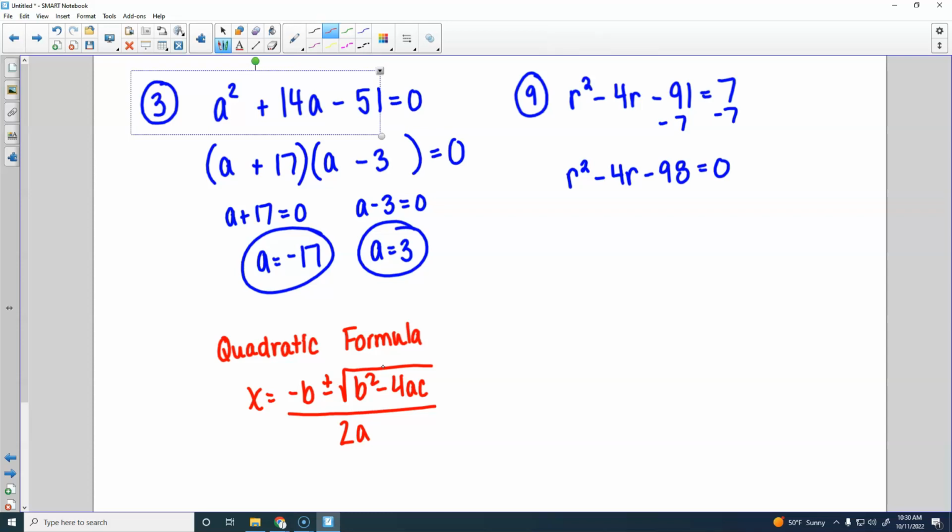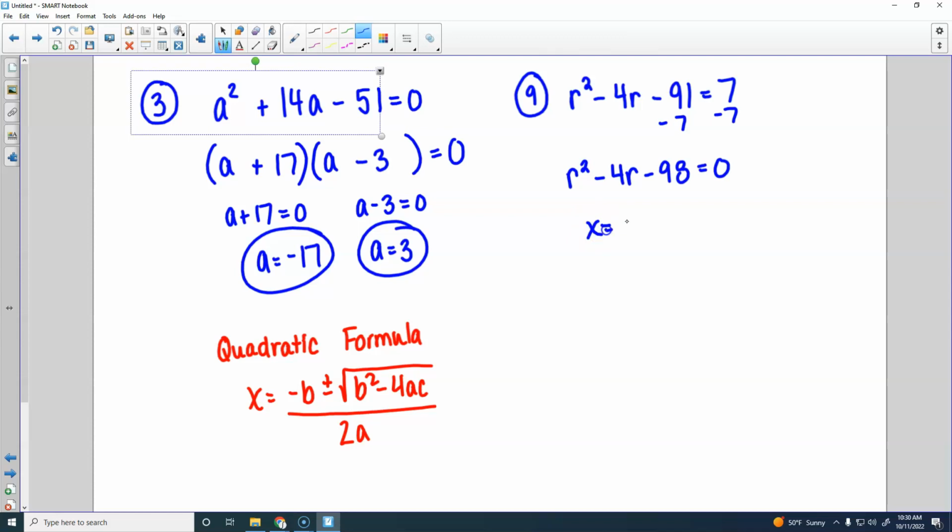For the rest of your mathematical career, teachers are going to assume you know how to use the quadratic formula. So make sure that you've got that and that you know it. So we are going to use quadratic formula for this.